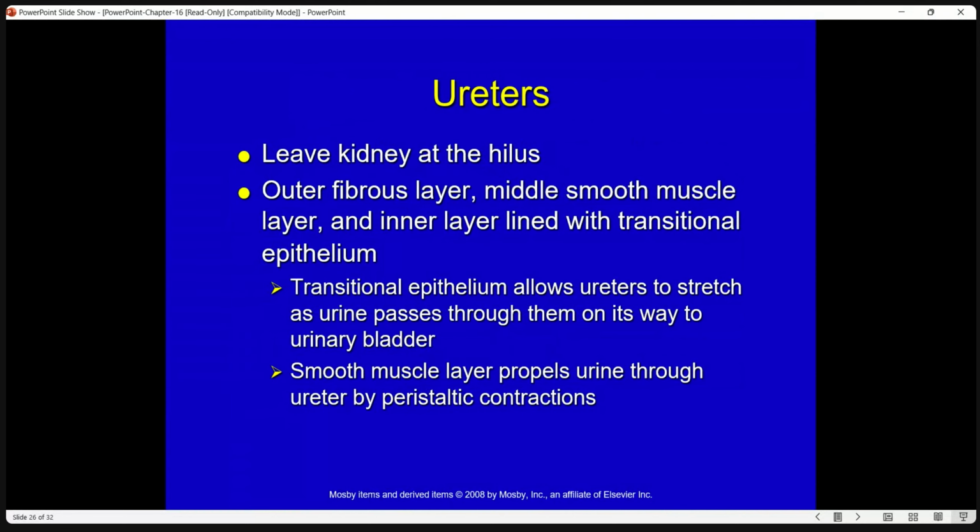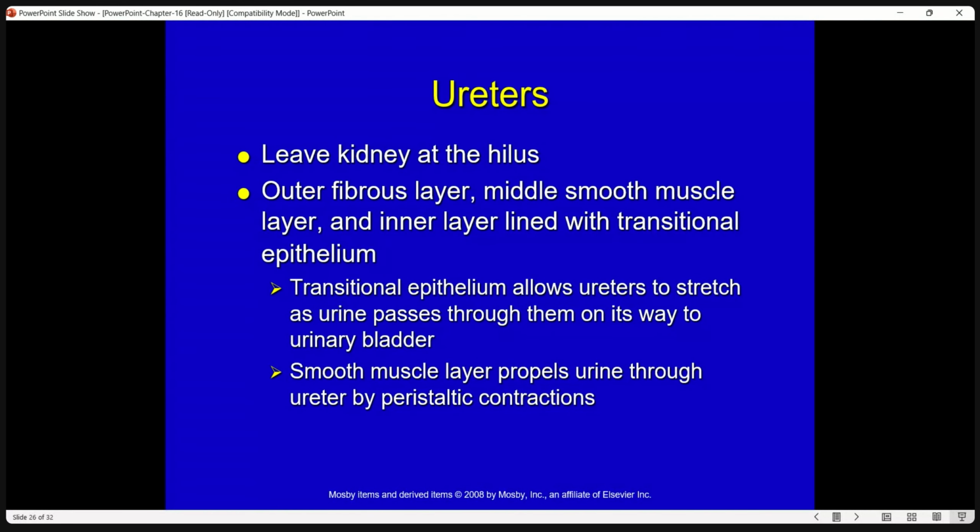So let's go to the ureters. And I know we have appreciated it from the previous slide. These are just two muscular tubes, about 25 to 30 centimeters peke yake. They are connecting the kidney to the bladder.